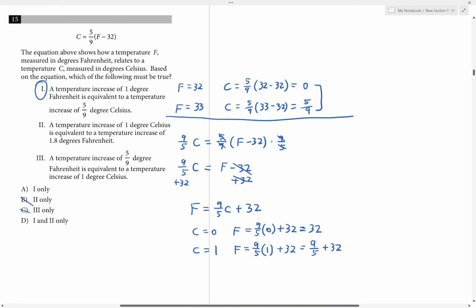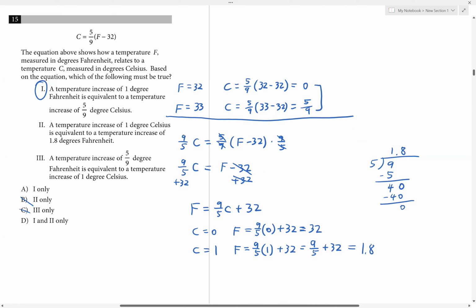We might want to do long division to convert 9/5 to a decimal. 5 goes into 9 one time, we subtract, we get 4 as the remainder, and then we carry over another 0. 5 goes into 40 8 times. So I get 1.8, and the remainder is 0. That's where the 1.8 came from.